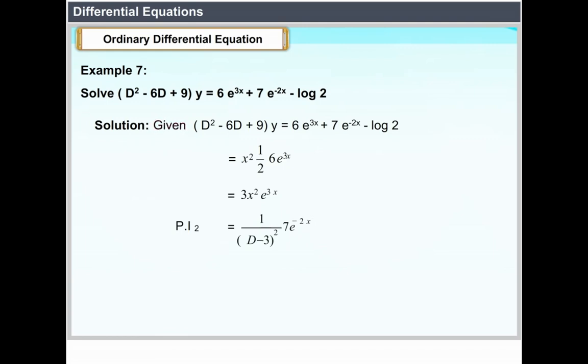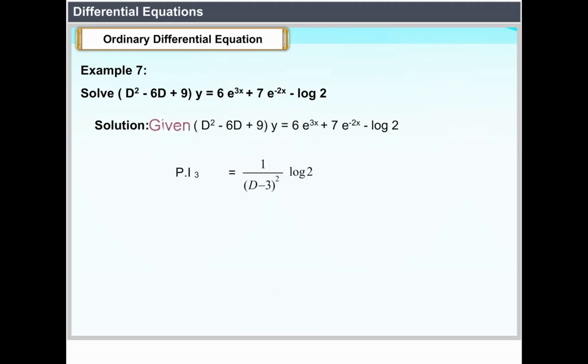PI2 = 1/(D − 3)² · 7e^(−2x) = 7 · 1/(−2 − 3)² · e^(−2x) = 7/25 e^(−2x). PI3 = 1/(D − 3)² · log 2 = 1/9 · log 2.